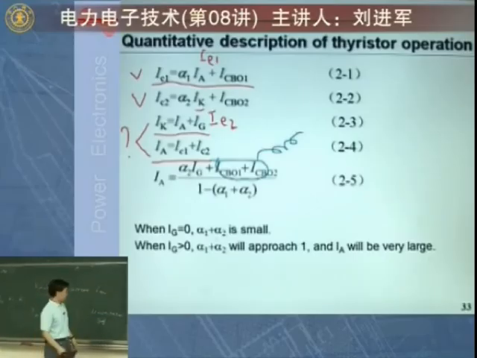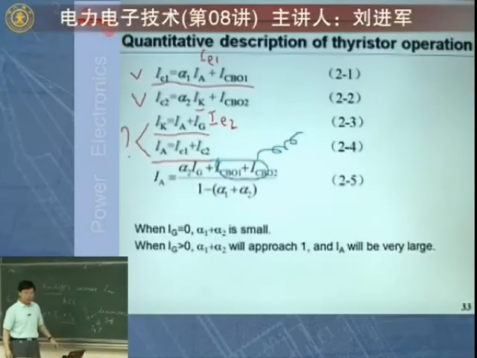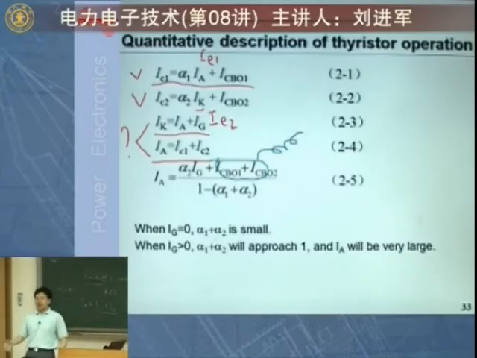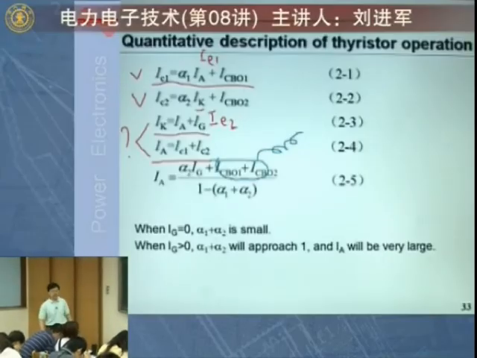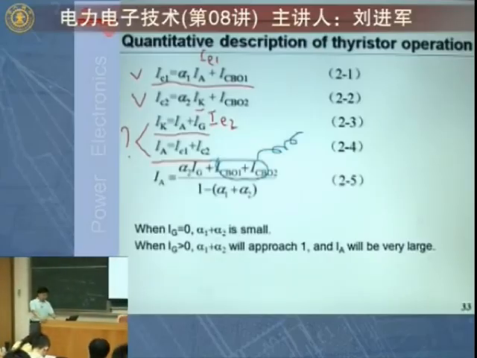And therefore, IA, the transistor current will be very large, and the thyristor is turned on. Okay, that's the physics of operation if we get into the details of some equations. This equation is usually used to explain the operation principle. Okay?